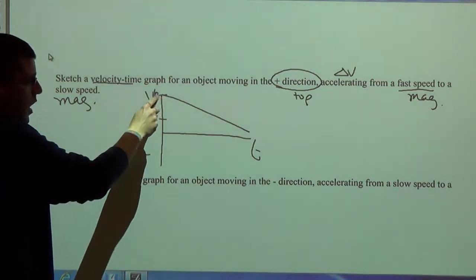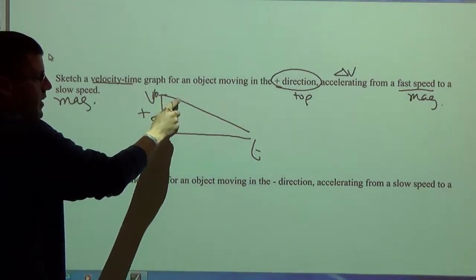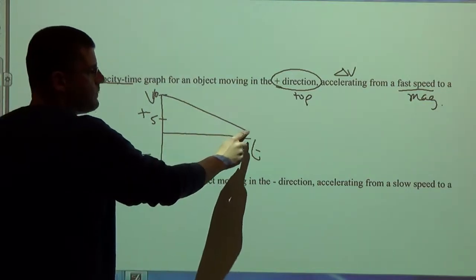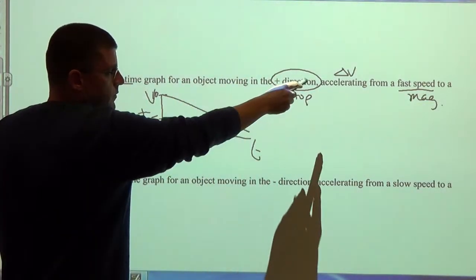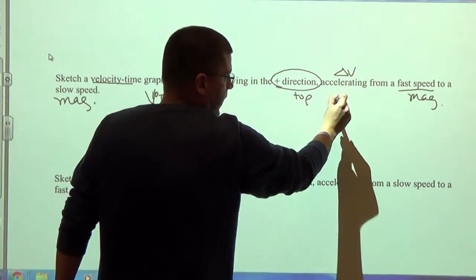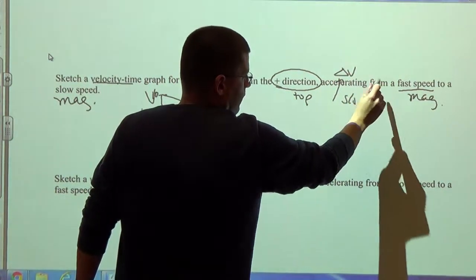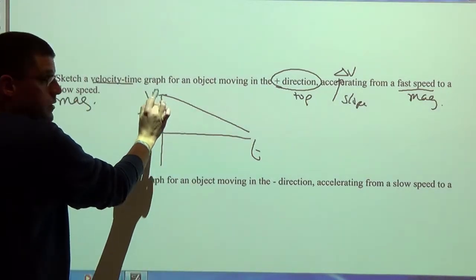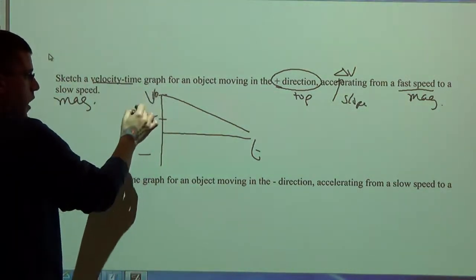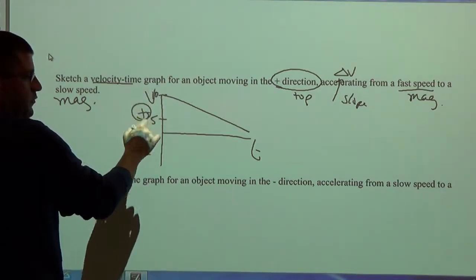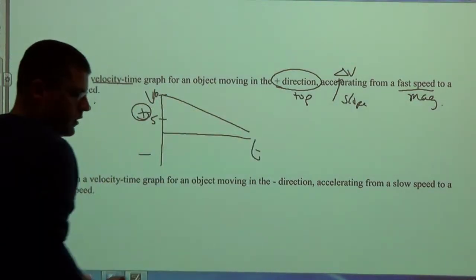But I'm slowing down. I was going 10, 9, 8, 7, 6, 5, 4, 3, all the way down. So again, positive direction, top quadrant. There is a slope, delta V. Fast, high speed, magnitude-wise, to slow, magnitude. Our vector's been taken care of because we're in the positive direction. So that's that there. Hope that makes sense.